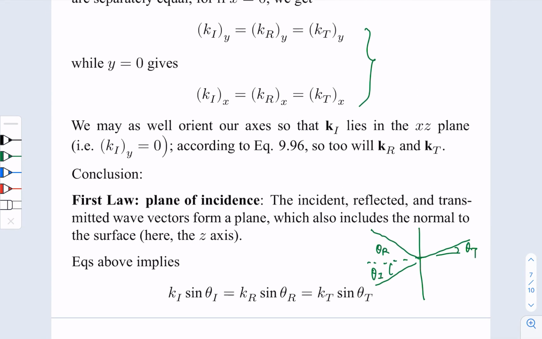So I just redraw the picture from previously.